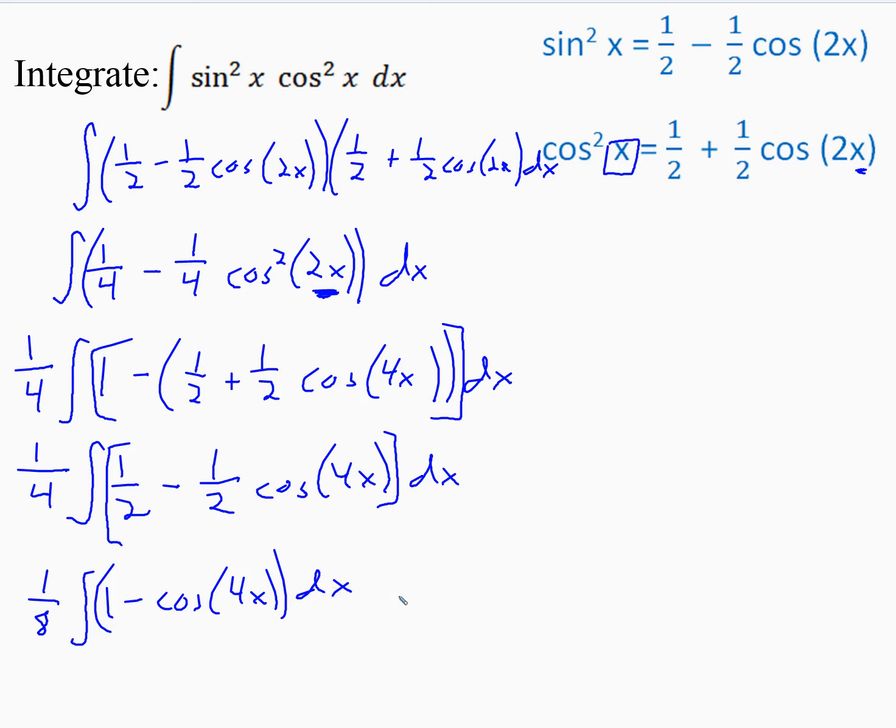We'll go ahead and integrate. We got a 1/8 out front. And the integral of 1 is x. And then this is a negative cosine. So for the integral of cosine of 4x, we're going to say this seems like it's going to be a sine of 4x.